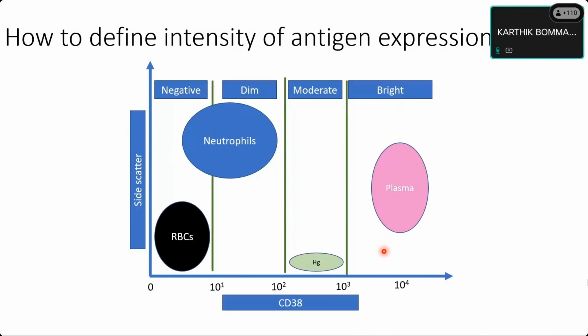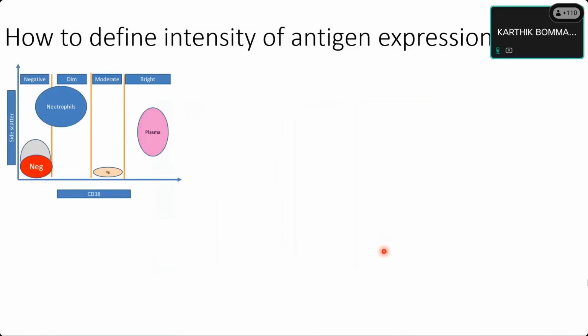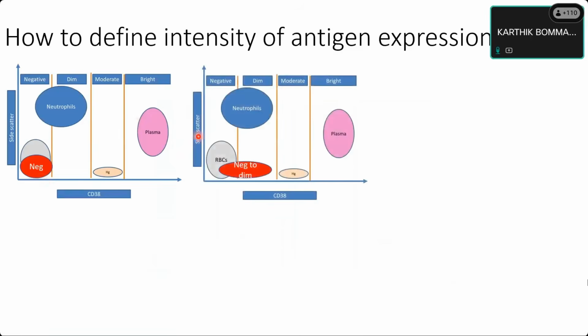So how to describe antigen expression. If a blast is having CD38 expression as good as my red blood cells, it's called negative. If a blast is having expression spanning from that seen in red blood cells, which is negative, up to the level seen in neutrophils, that is negative to dim.